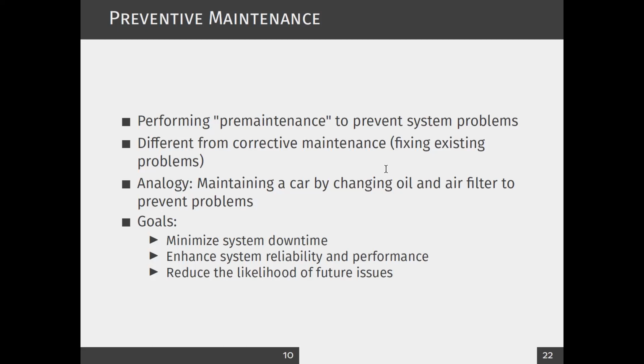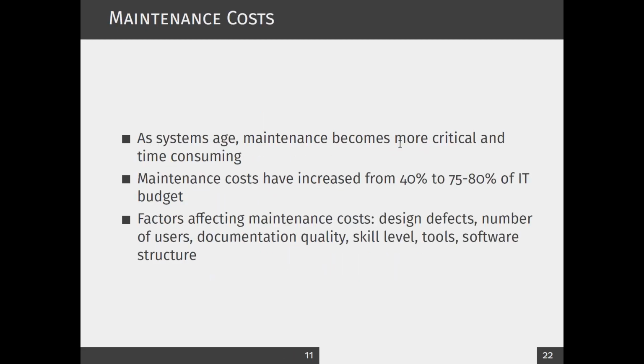Now that we have discussed the four types of maintenance, let's focus on maintenance cost. Our focus in this part is managing the maintenance, and one of the main things is the cost. I told you in the beginning that around 80% of the cost of software development goes to maintenance.